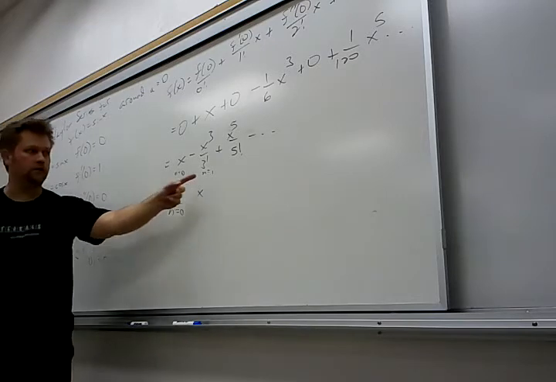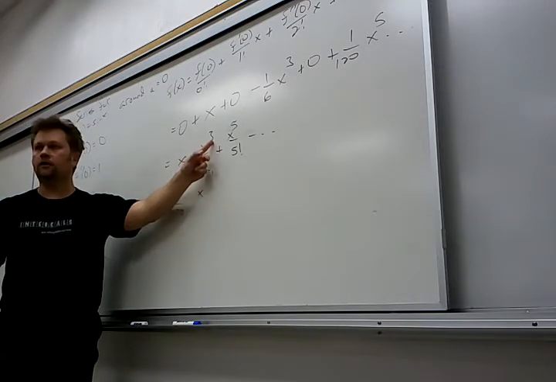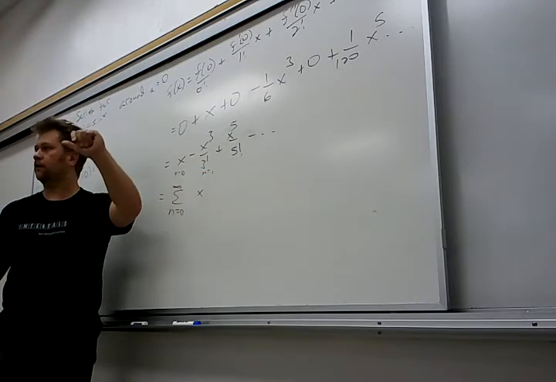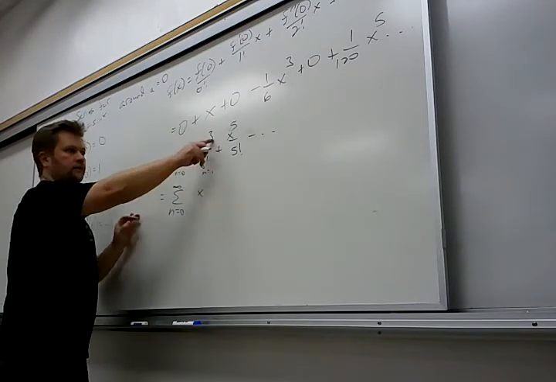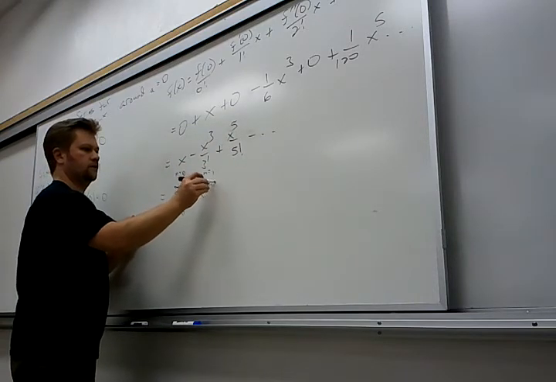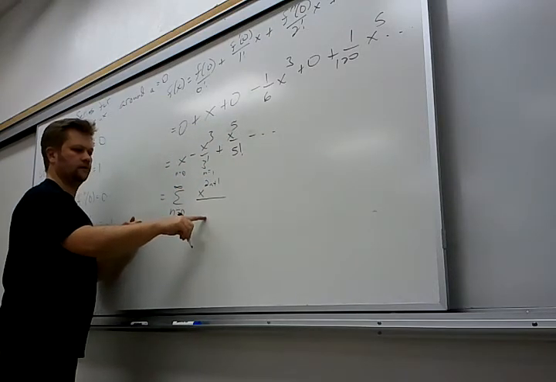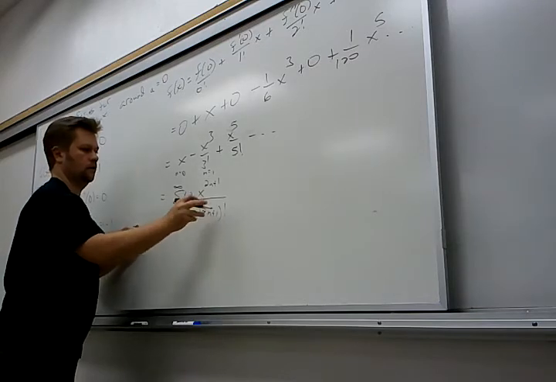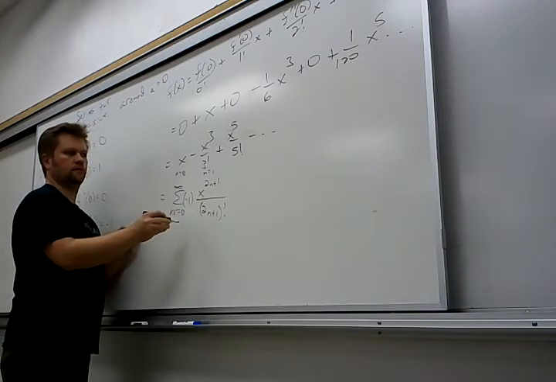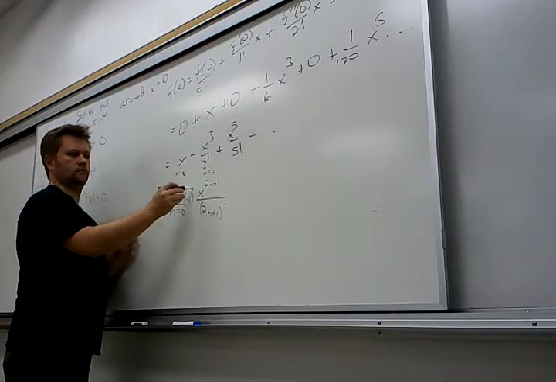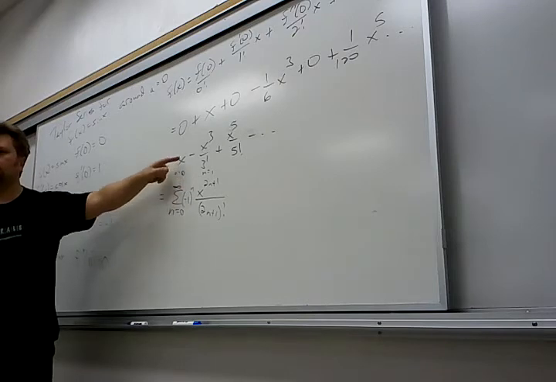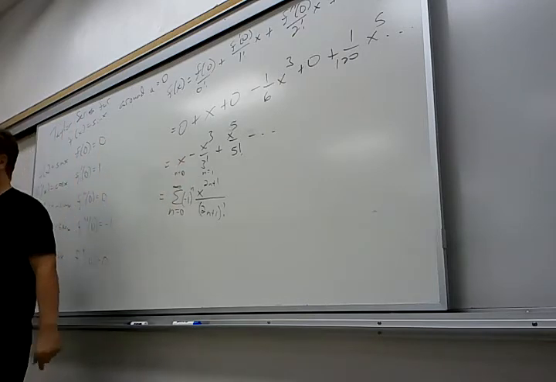So twice n would be 2 here, and then plus 1 would be 3. This is n equals 2, so 4 plus 1 is 5, right? And there's one little piece I still need. What's that got to be? Negative 1 to the n, because I want the first one, the 0 term, to be positive. Cool.